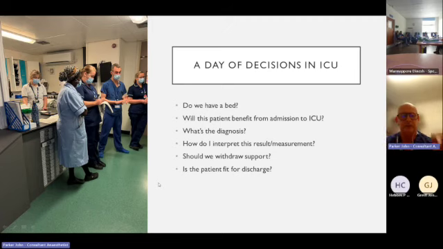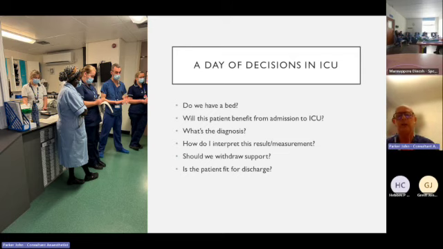Okay, so what I want to do now is try and link some of the decisions that senior members of the medical team, senior trainees, might have to make during a day on ICU, and look at how those things could go awry. So I've picked out a few of the big ones in a day. The first one is, do we actually have a bed, say for an elective?